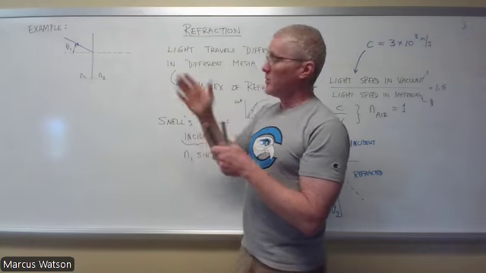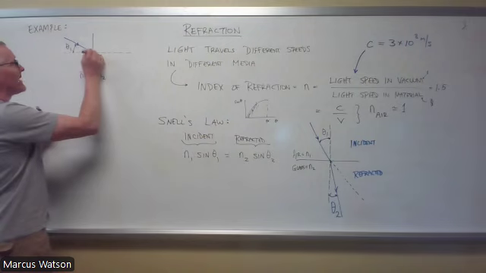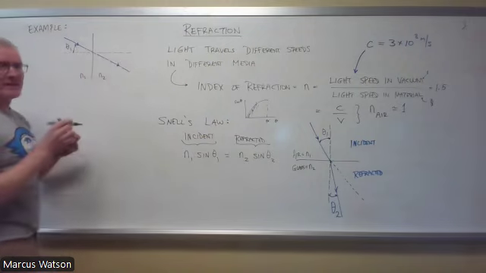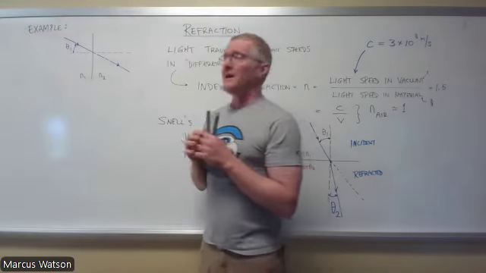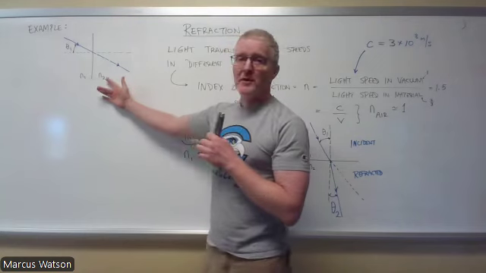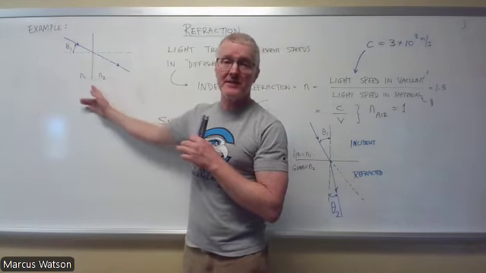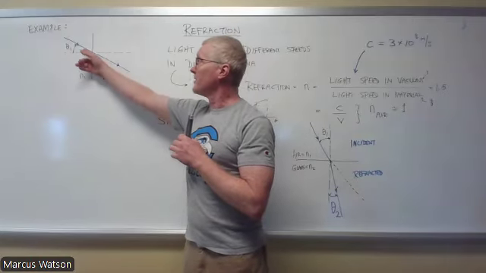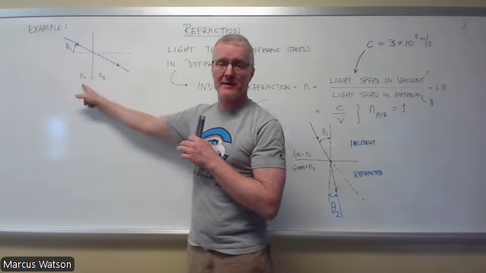Well, that means the light has basically continued traveling exactly in the same path, and therefore there was no change in the speed, and therefore there was no change in the index. Therefore, if that was 30 degrees and that was 30 degrees, then this index is equal to this index.